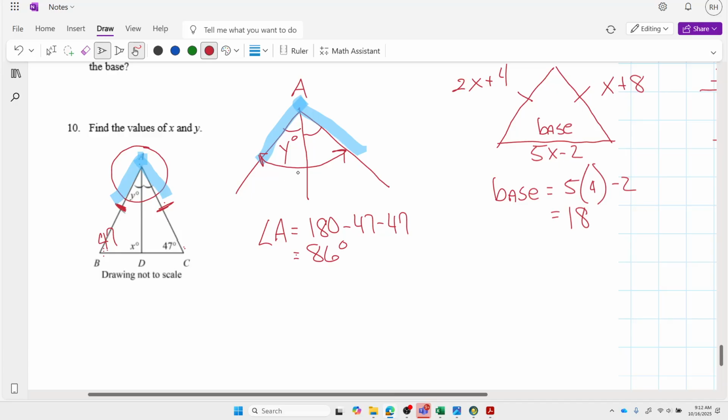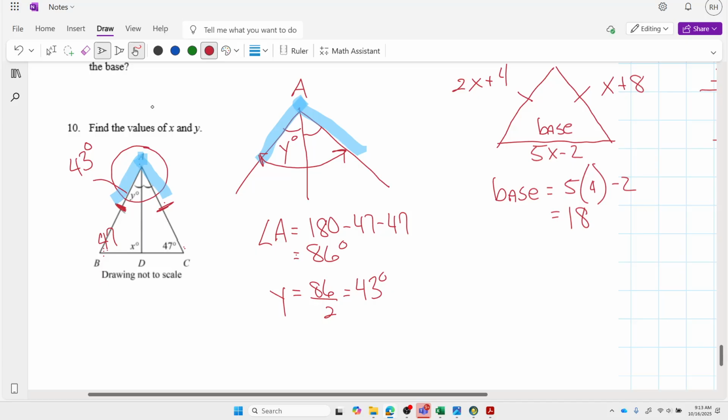If this whole blue angle is 86 degrees, and it has two angles inside there that are equal to each other, well then y is going to be equal to 86 divided by 2. And that's 43 degrees. All right, so y is equal to 43 degrees. Now we need angle x.